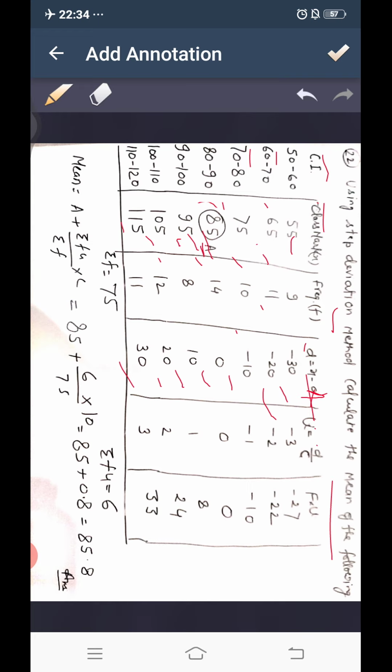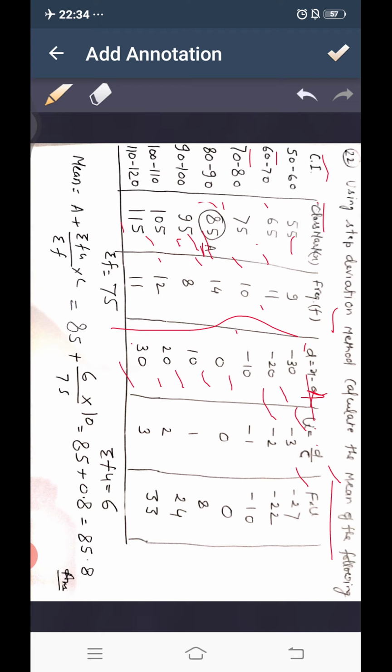Now we have to use step deviation method. So we find out u also. U will be d upon c. D is deviation, this we have got, and c is class size. Class interval given 50 to 60, the difference is 60 minus 50, 10. Class size is 10.